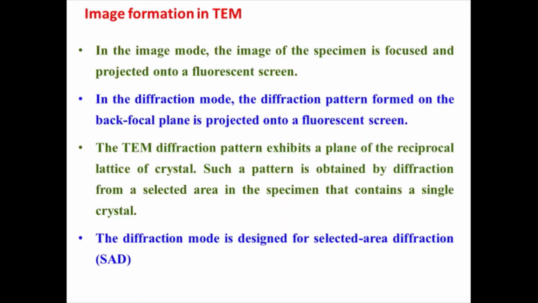In this case, the image formation or the contrast is of two types. One is called the mass contrast, another is called the phase contrast. And in addition to this, as the electrons are passing through the sample, if you consider the electron as a wave, it means that these waves are traveling through the material.